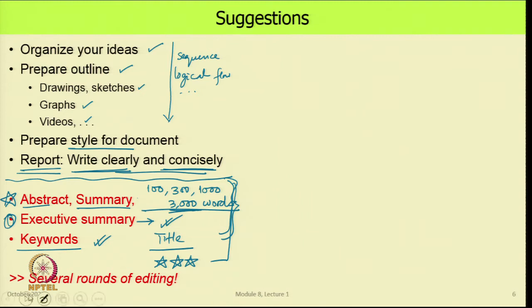We will wind up this part by saying that whether it is writing a report, making a presentation, or writing an abstract, summary or executive summary, it will invariably require many rounds and iterations of editing, maybe 5, 10, 15. Only then will you get a document of a quality that will probably go out.